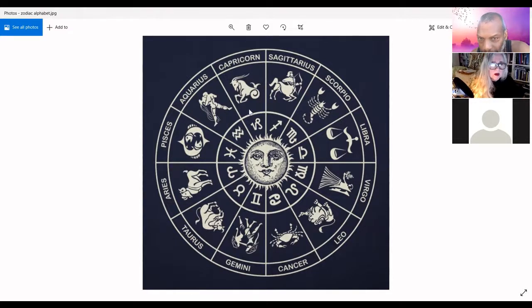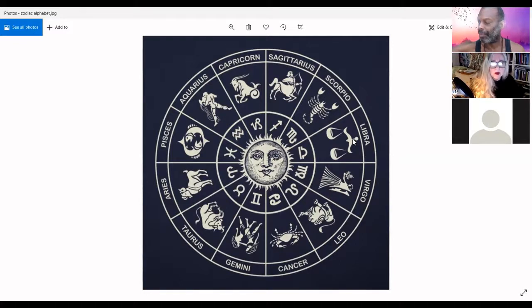The left aspects are ahead, the right aspects are behind. I'm going to repeat one more time. To the left, Gemini, Cancer, and Leo for Aries. To the right, Aquarius, Capricorn, and Sagittarius for Aries. And then Libra straight ahead. Okay?